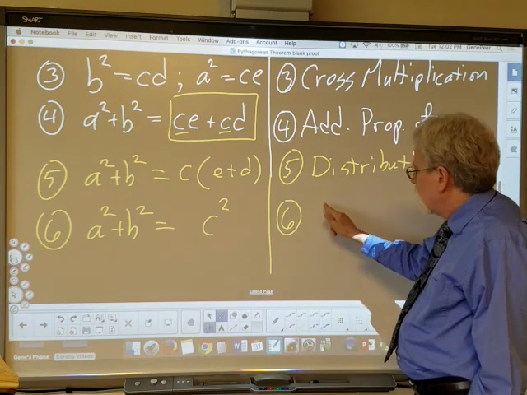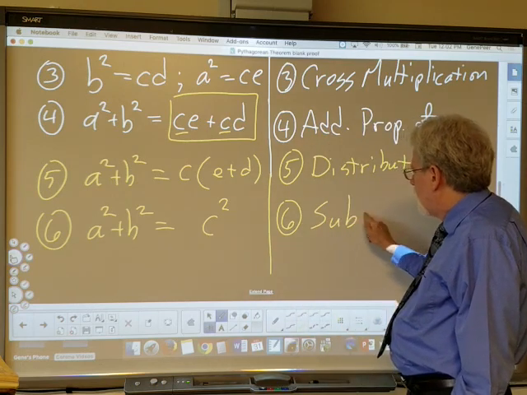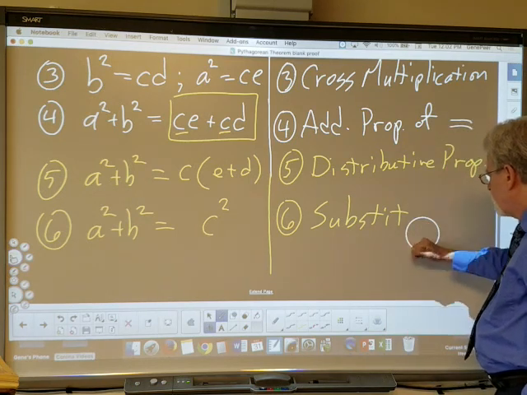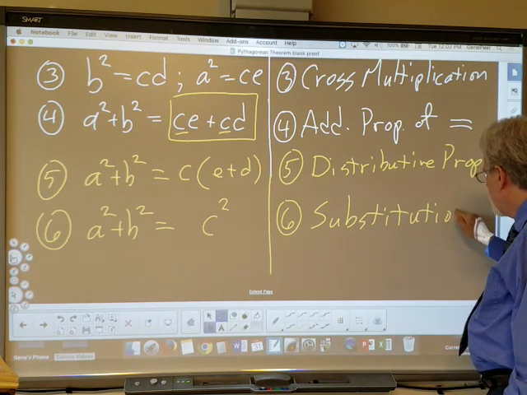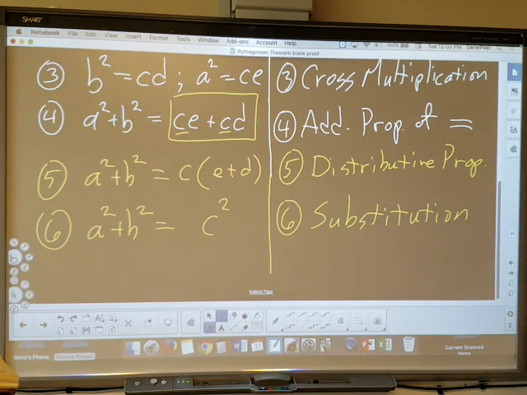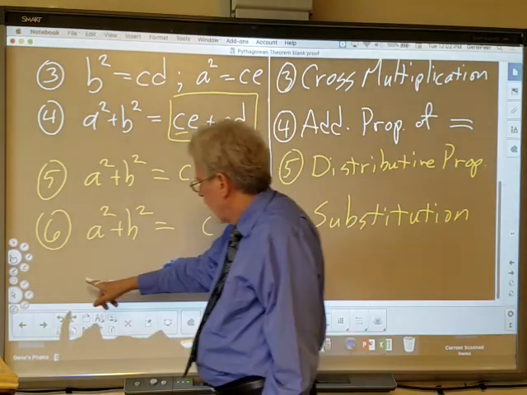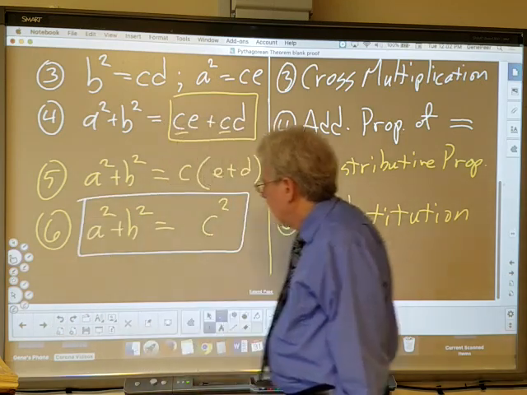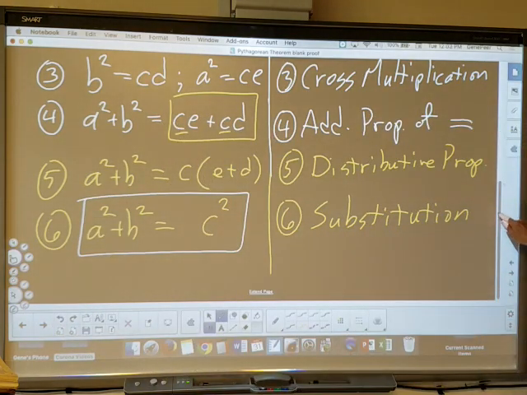But we're simply going to take a little shortcut and just say it's substitution. And we have, congratulations, we have proved the Pythagorean theorem.